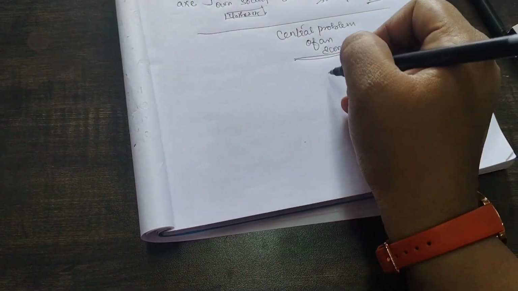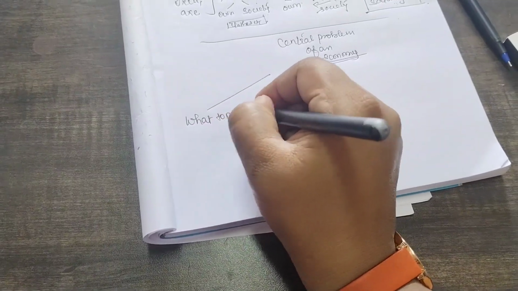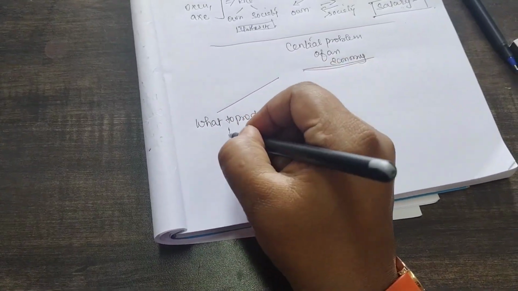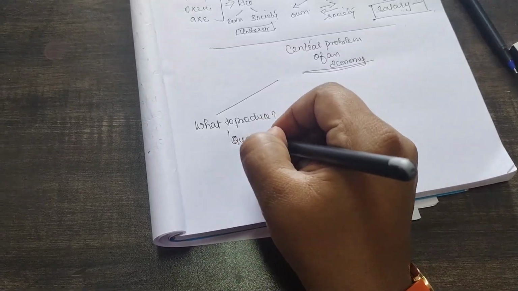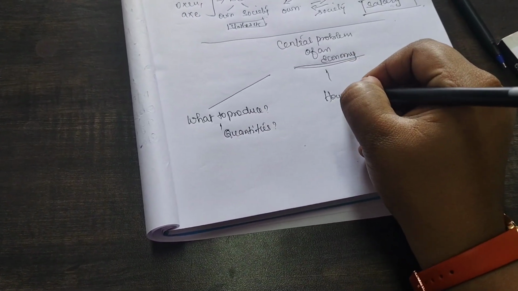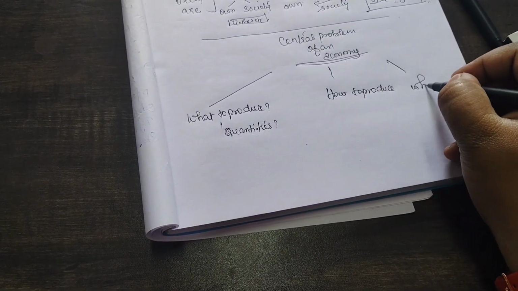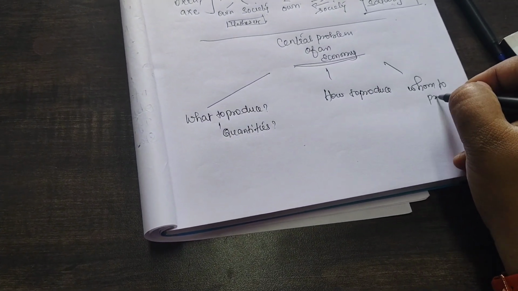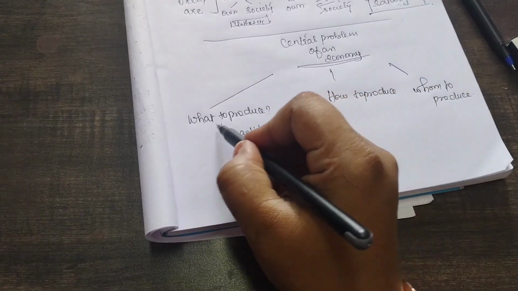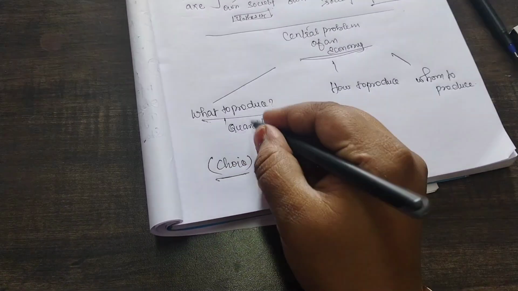So the central problem of an economy is what to produce, in what quantity, how to produce, and for whom to produce. This discusses the problem of choice, as resources are scarce and wants are unlimited.